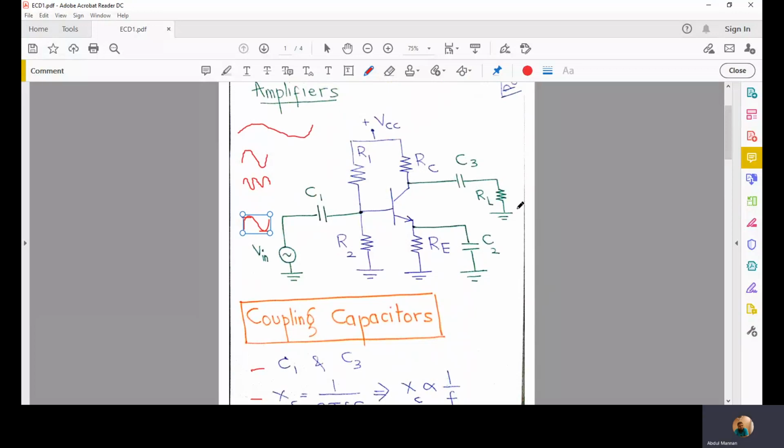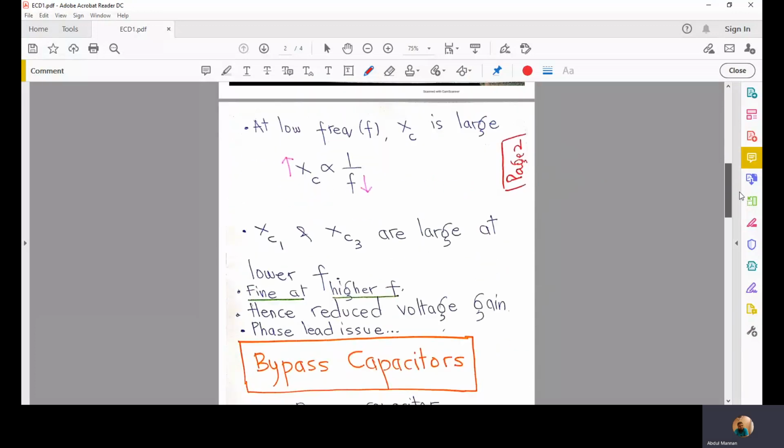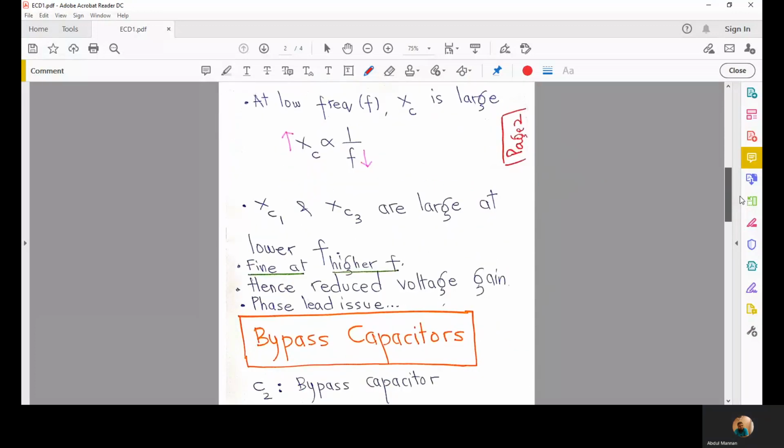So in short, the voltage gain from the input Vin to the output voltage across RL is reduced. The disadvantage is that we have a smaller voltage gain if we have a large impedance here and a large impedance here. This is a disadvantage of having C1 and C3 if we work at really small frequency values.